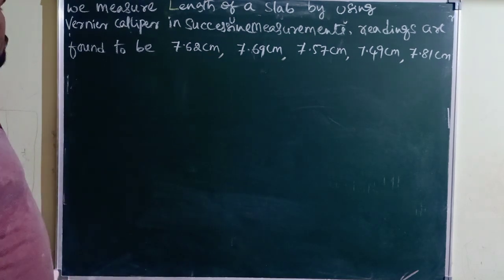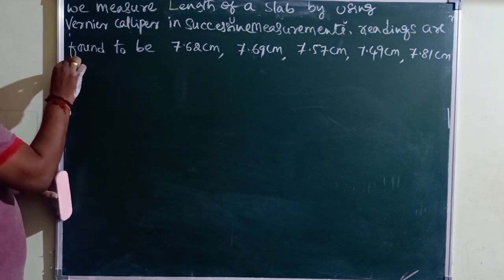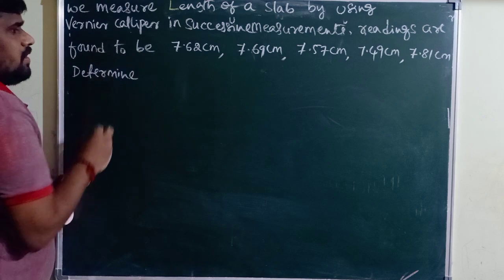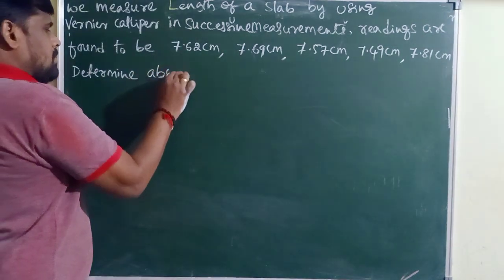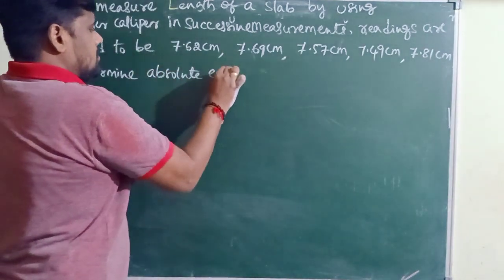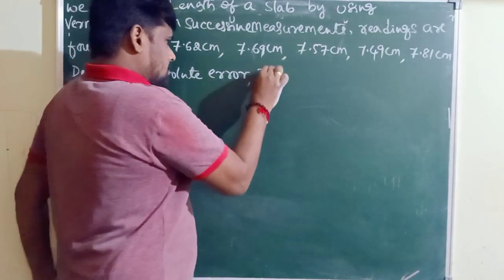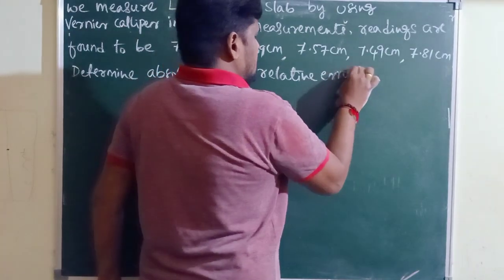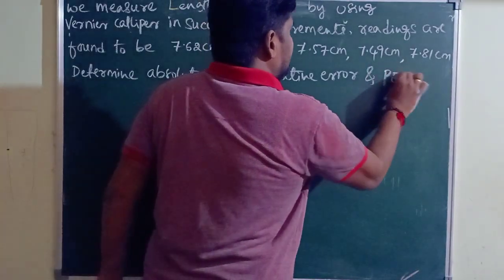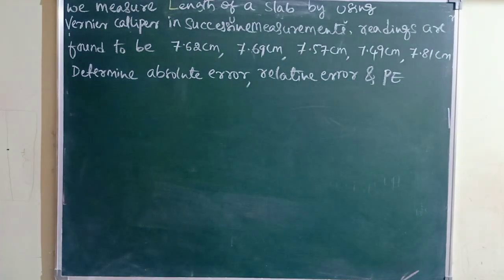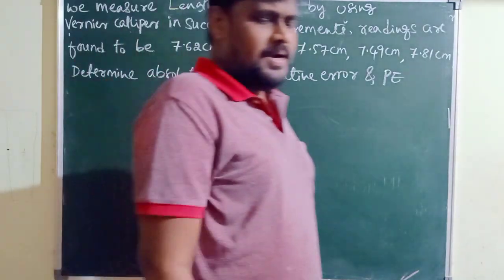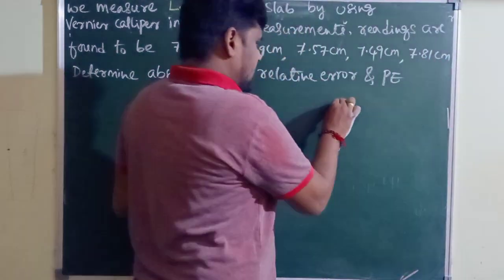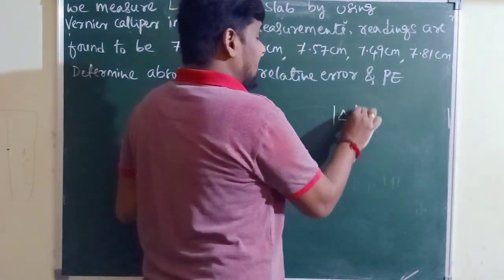They are asking you to determine the absolute error, relative error and percentage of error. You have to determine the values of absolute error, relative error and percentage of error. Absolute error is called delta L mean.